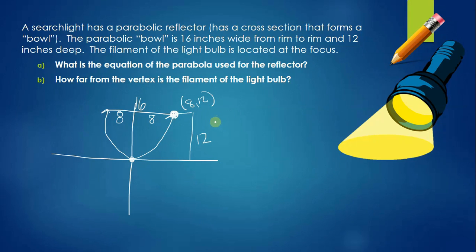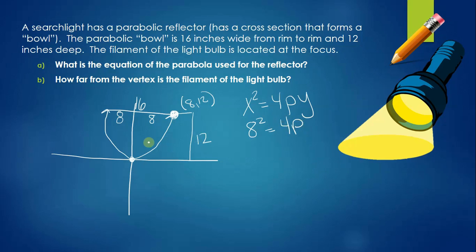Now, why do I need a point? Well, ultimately I'm trying to find p. I don't know what p is in our equation, but if I have an ordered pair for my x and y, I can find p easily. I know it's an upward facing parabola, so we're going to have x squared equals 4py. My x is 8, so I can plug that in.